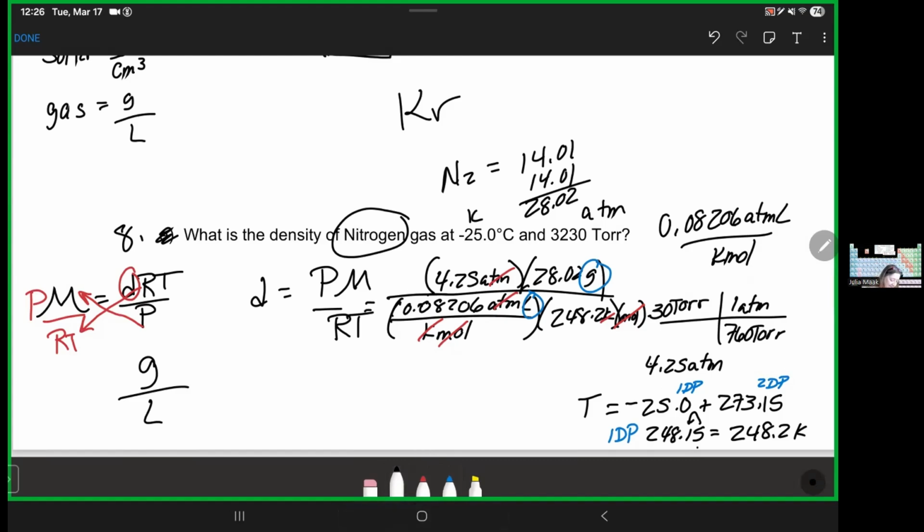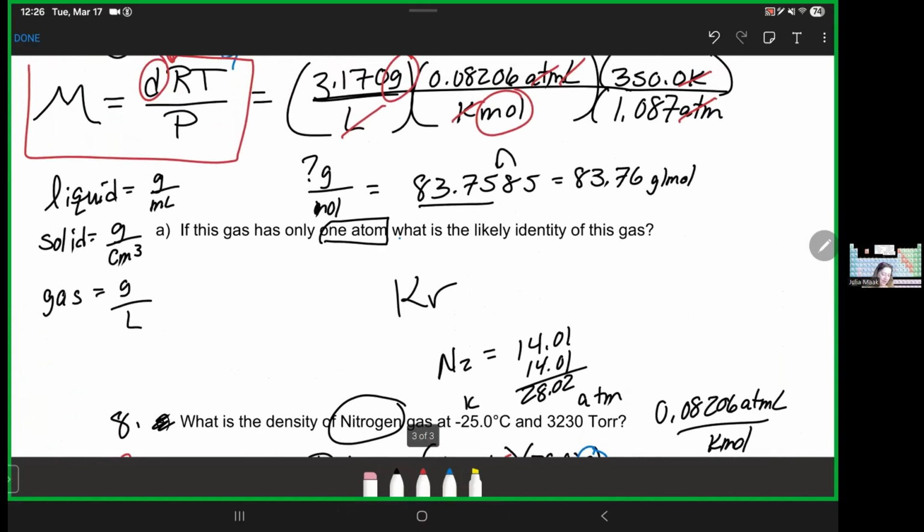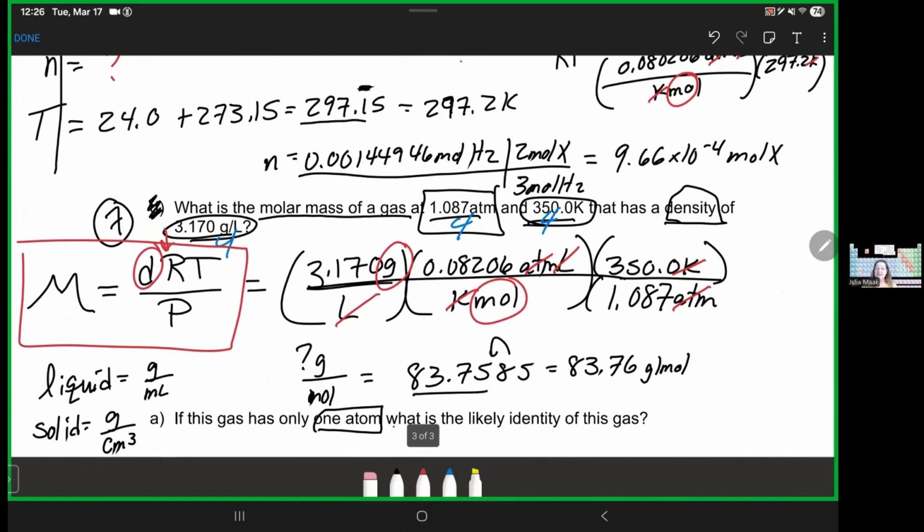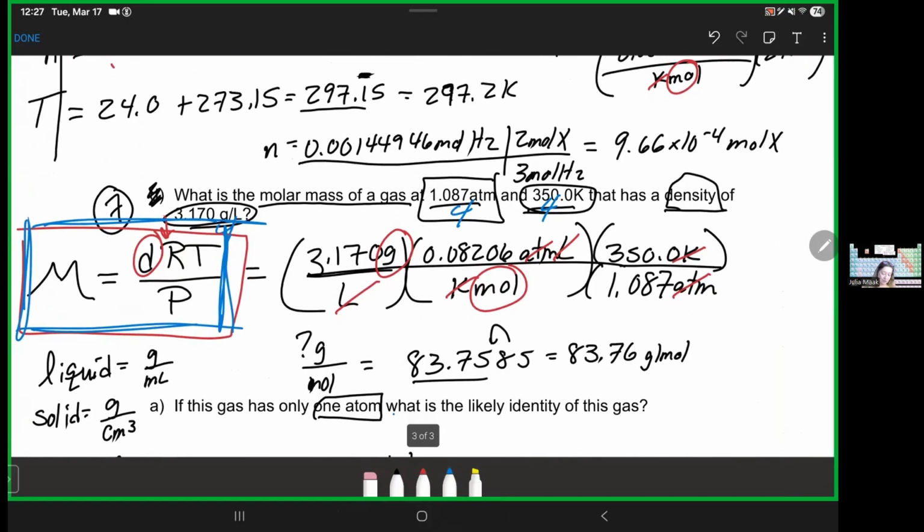If you do all of that math, we get 5.85 grams per liter. So if they give you the density of a gas, you're going to use this equation to get to molar mass.